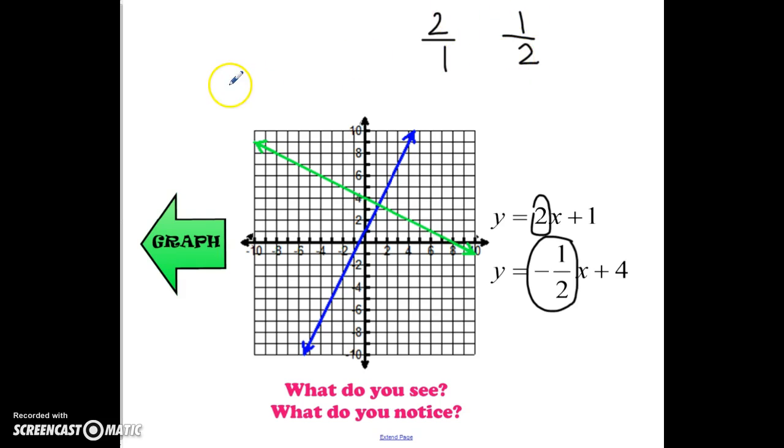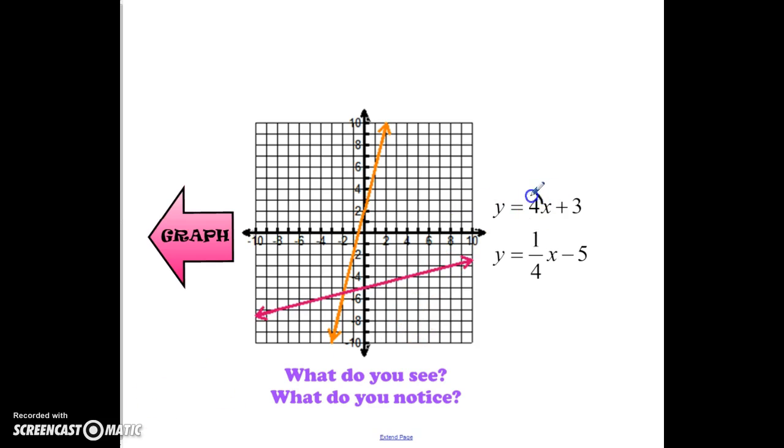So the slopes are opposite reciprocals. And the graphs come together at a 90-degree angle. Those are called perpendicular. So we have 2, -1/2, opposite reciprocals, and perpendicular.